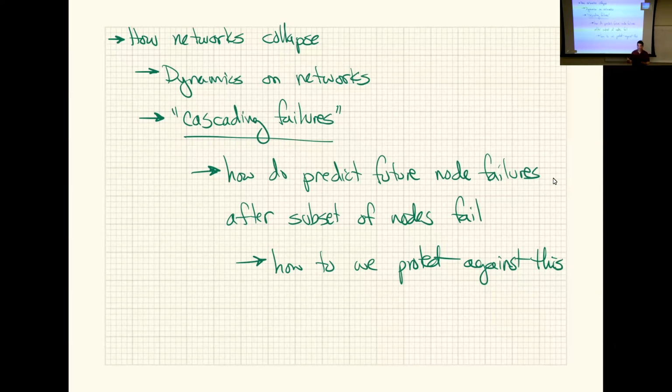Or if things go really wrong in Texas, you cascade and take out all of the North American grid. So would it be better or worse to connect Texas to the North American grid? That's a really hard problem to solve. And so this is an important problem in network science.